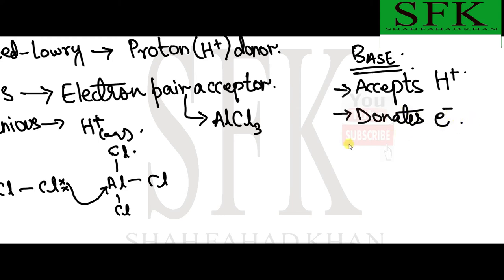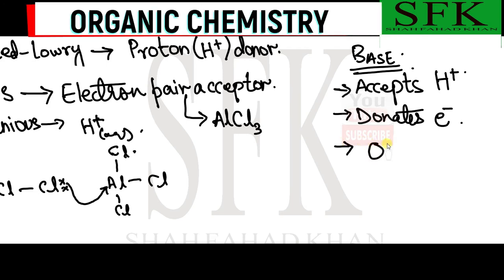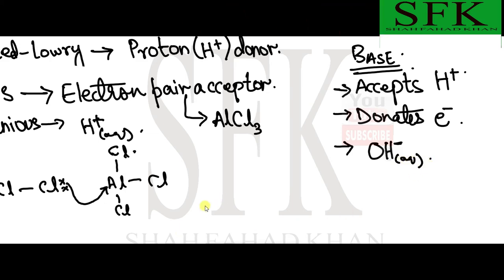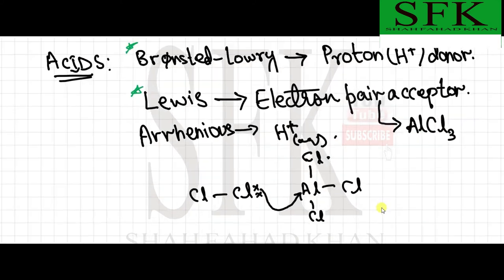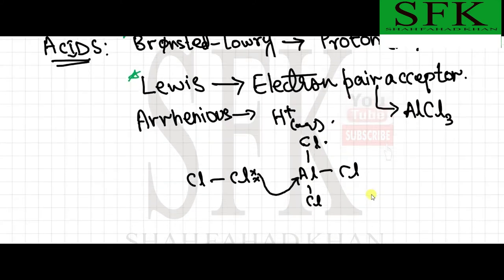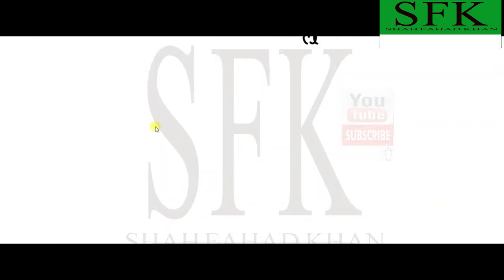Acids accept electrons, bases donate electrons. And according to Arrhenius, a base is any substance that produces OH negative ions in aqueous solution. So these are the three definitions of bases, just a big recap of AS.